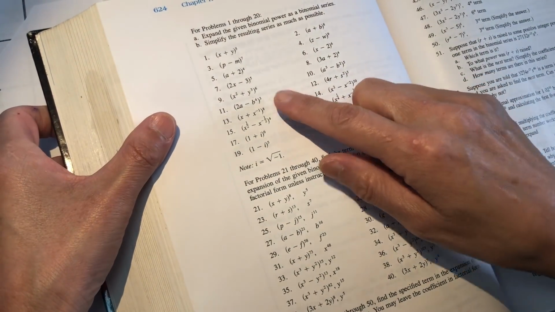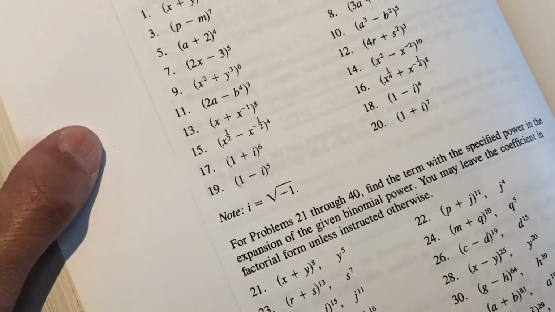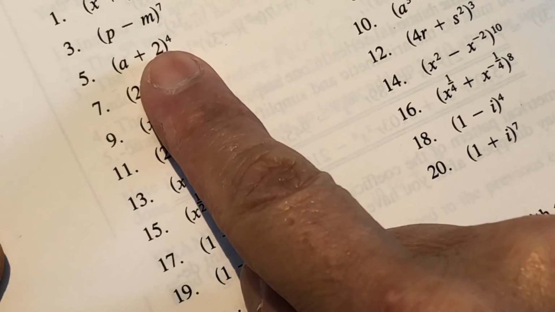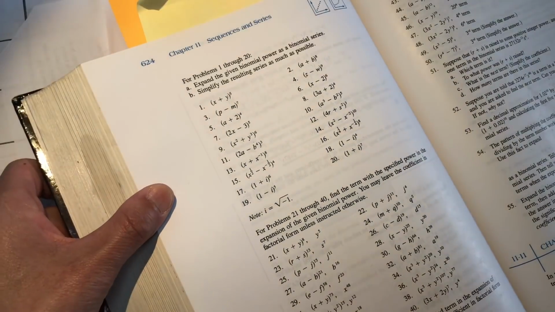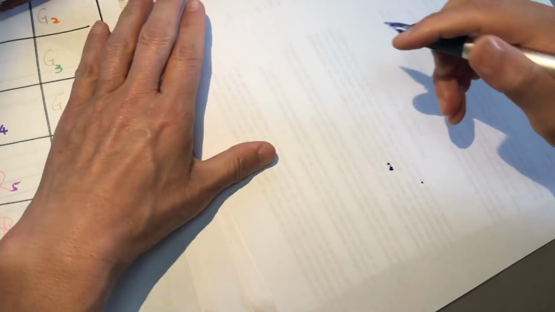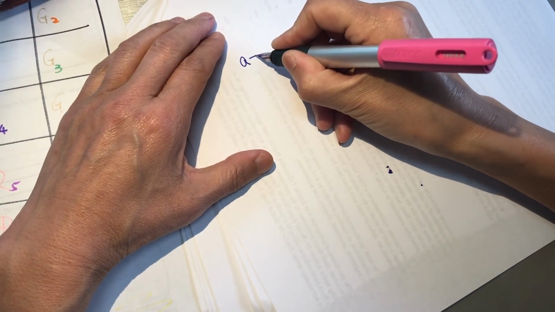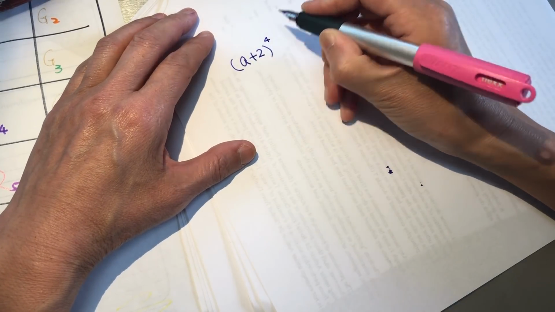Which question do we do? We do a simple one, question number 5. How about that? Let's take a look at question number 5. It is relatively simple. The number is small, so we start from this small number. Here, question number 5: (a + 2) to the power of 4.